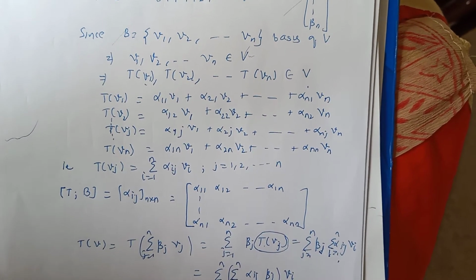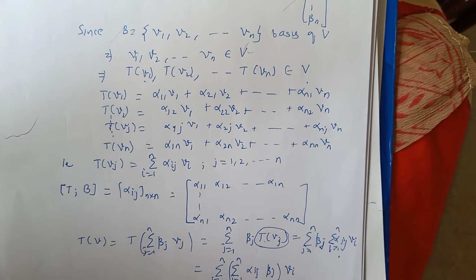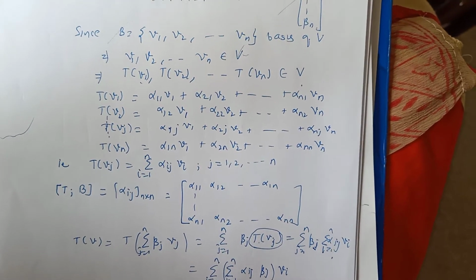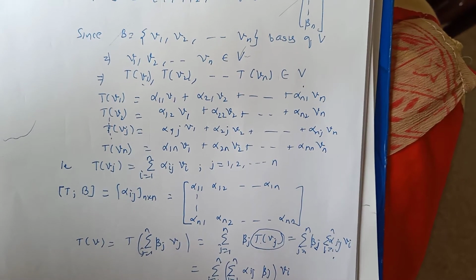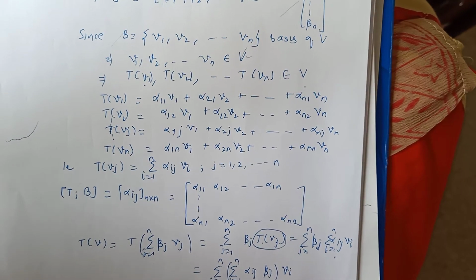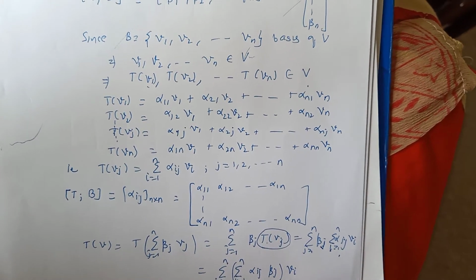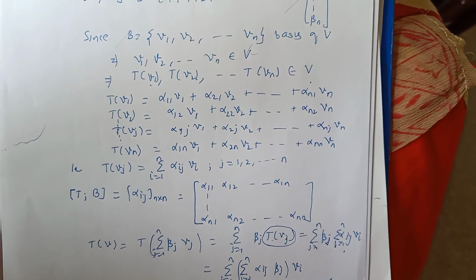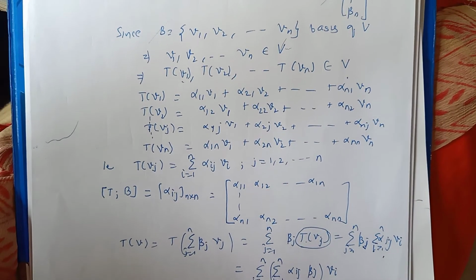and it is a summation. Now I am expanding with respect to j, so alpha i1 beta 1, alpha i2 beta 2, and so on, alpha in beta n Vi.